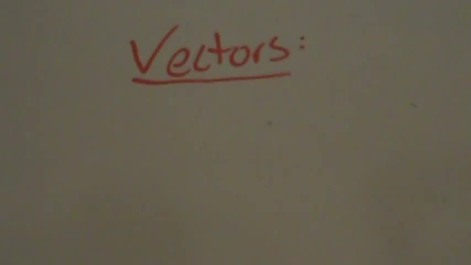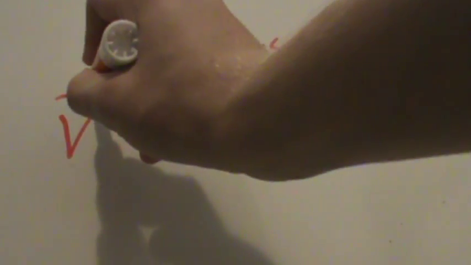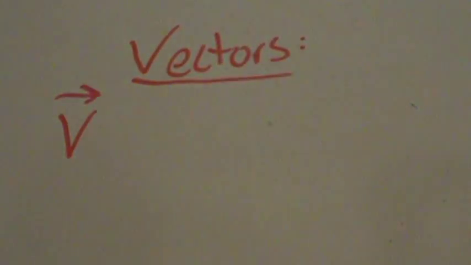So, as a vector, you typically denote it as the variable name with an arrow over the variable. This represents a vector. So when you see this being written, you should automatically think that this is a vector.